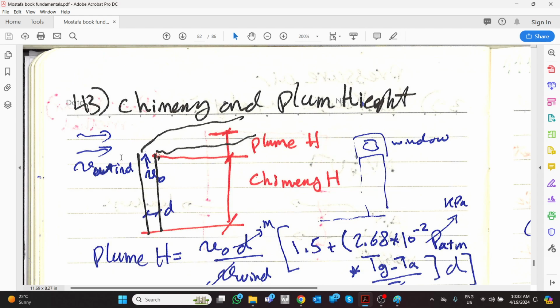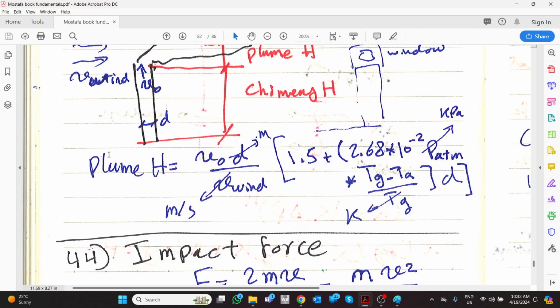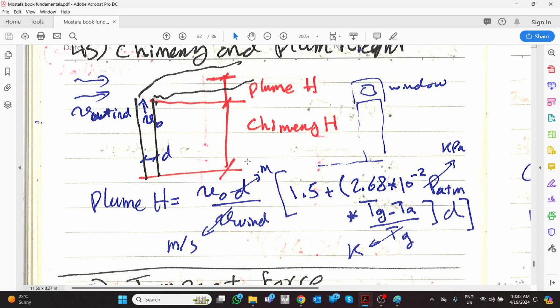Now there is another thing. If you have a chimney or a muffler and there is a plume coming out, you need to study whether the plume is going to hit that window or whatever. It also depends on a correlation, which is the plume height. Plume height is how the plume will rise up from the outlet of the chimney.